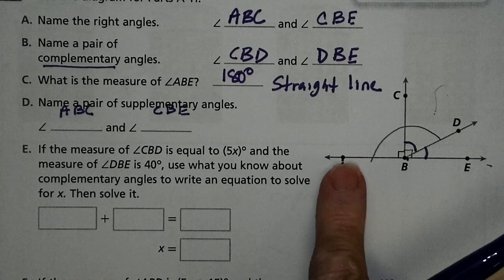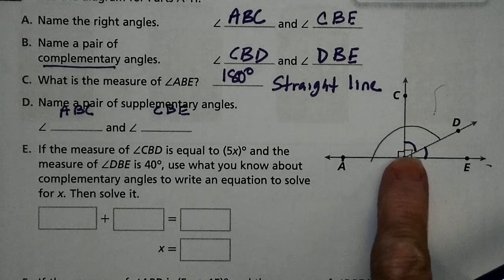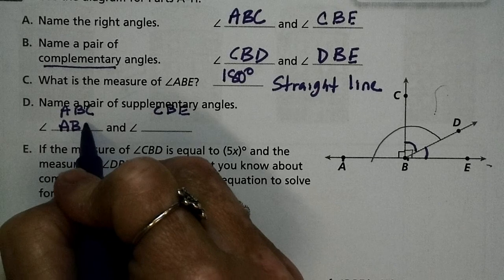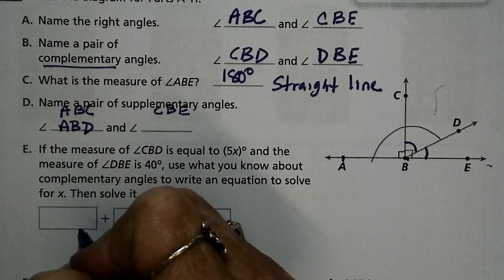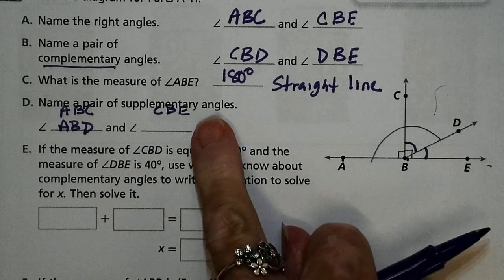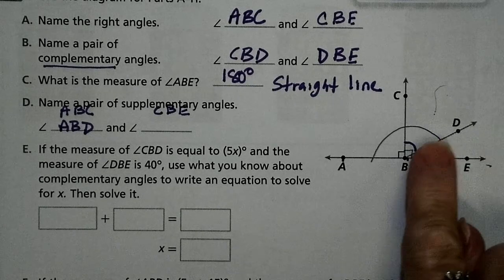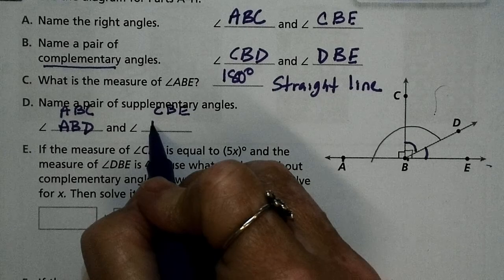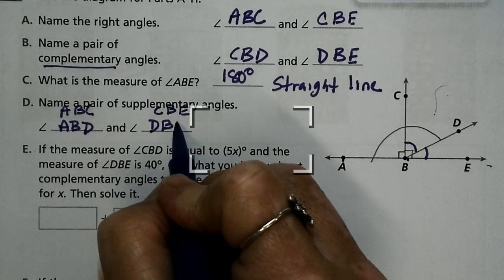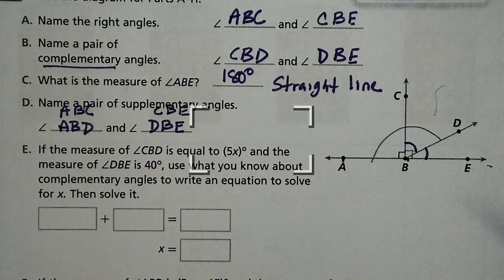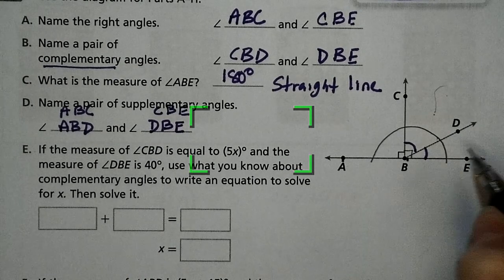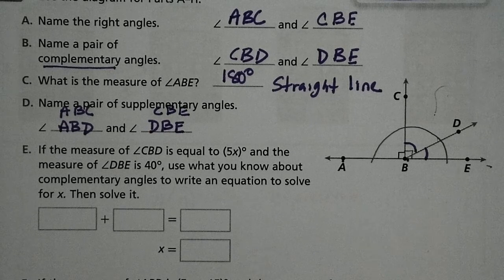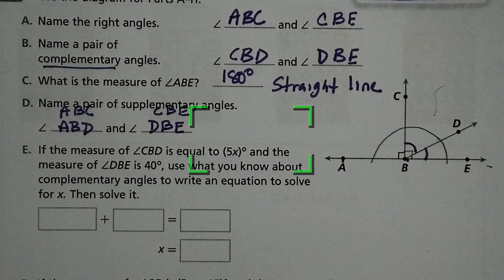So that angle would be A, B, D. And then to complete that supplementary, I would need D, B, E, that little angle right there. So D, B, E, and that would complete that 180. Okay, because remember, supplementary is 180.